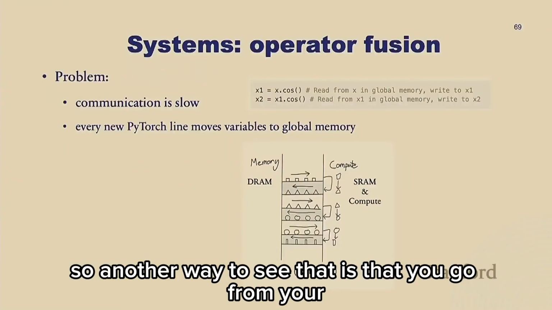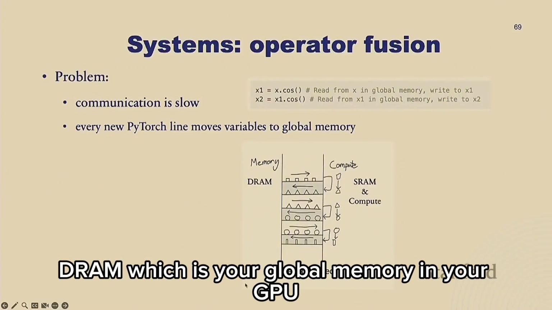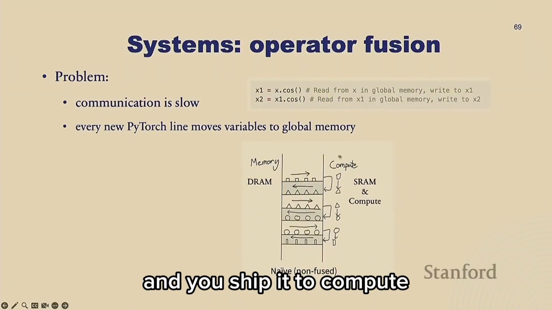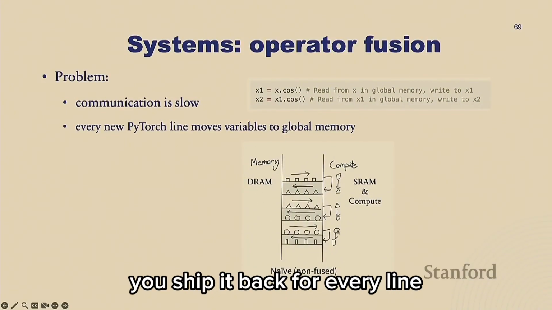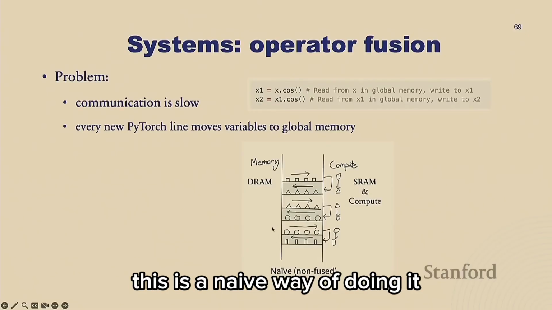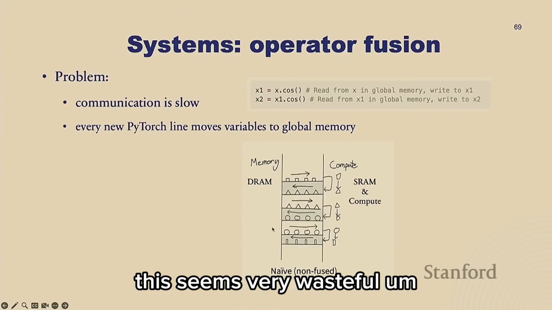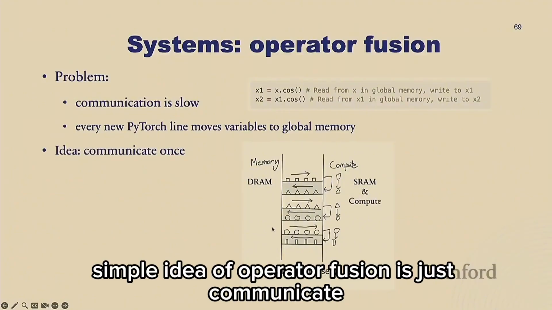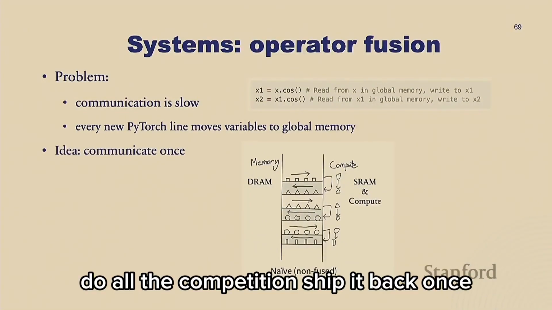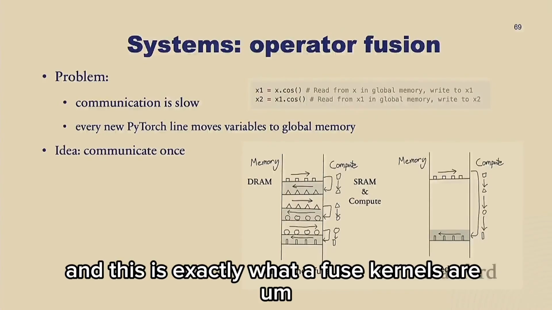Another way to see that is that you go from your DRAM, which is your global memory in your GPU, and you ship it to compute, you ship it back for every line. This is a naive way of doing it. This seems very wasteful. So the simple idea of operator fusion is just communicate, do all the computation, ship it back once. And this is exactly what fused kernels are.